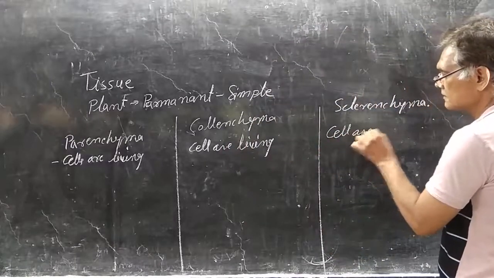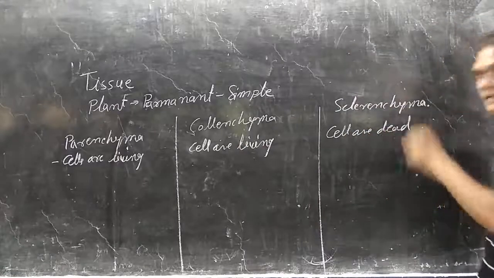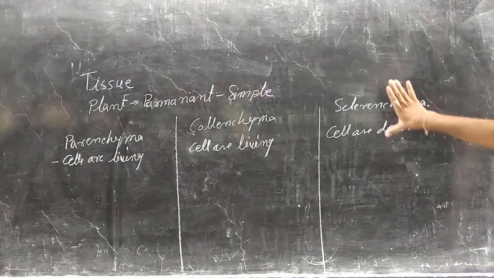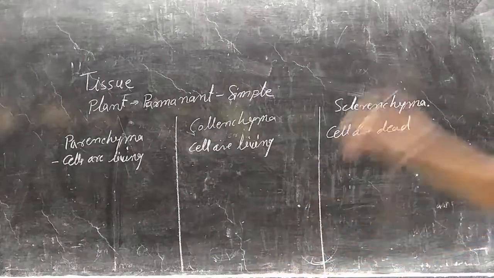Initially these cells are living, but after maturation, the sclerenchymatous cells will be dead.